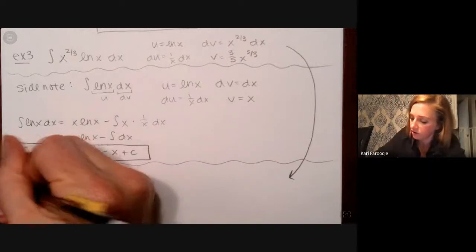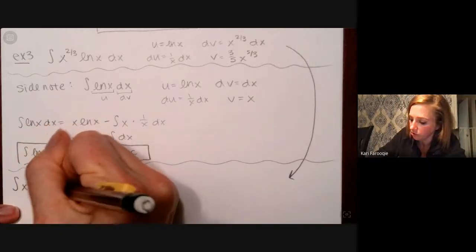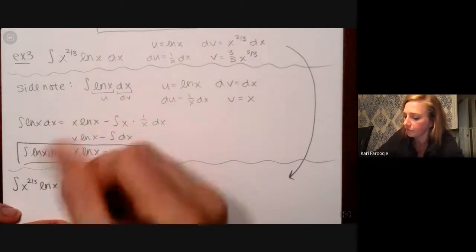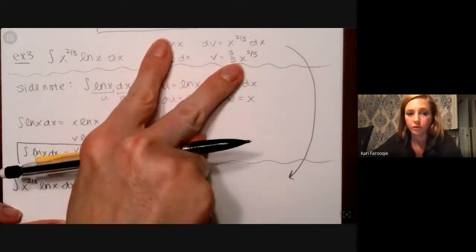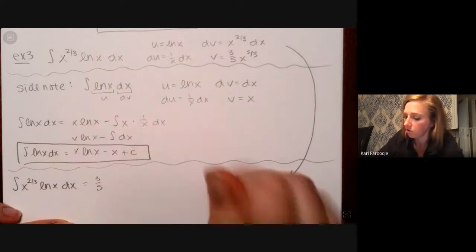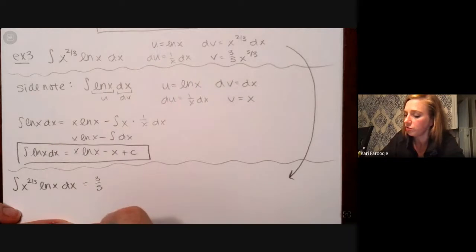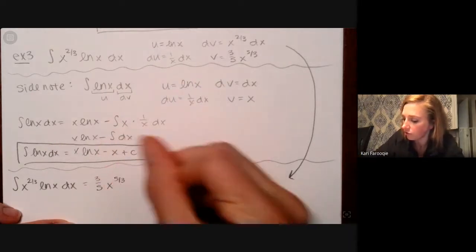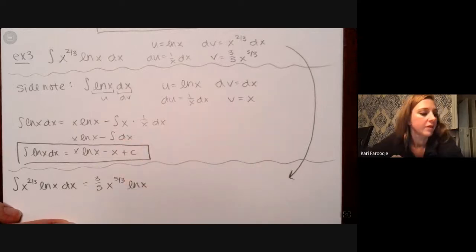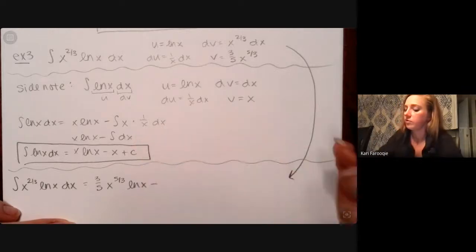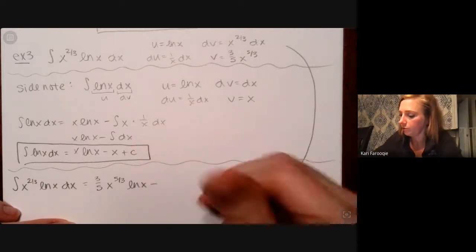And we'll say that the integral of x to the 2/3 ln x dx is equal to uv. And again, multiplication is commutative, so I'm just going to put the constant multiple in front. And actually, I'm going to keep the x to the 5/3 in front too. ln x minus the integral of v du.